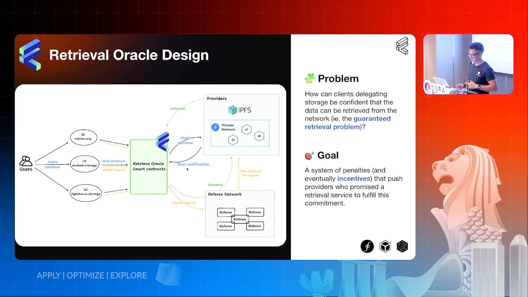And then we put it into another network, the referee network, which basically acts like a judge to make sure that storage providers are actually doing their job of offering retrievability, and if not, they will take action to slash the collateral and return the payment back to the clients.